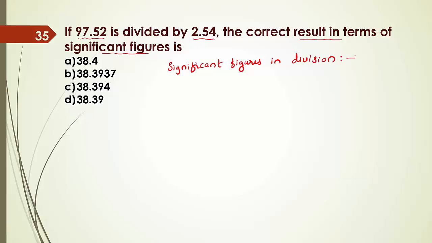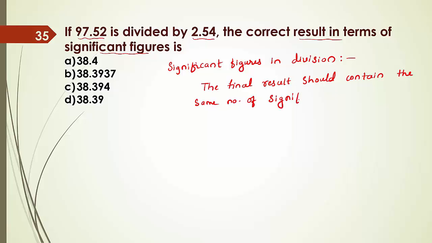According to significant figures in division, the final result should contain the same number of significant figures as the number with the least significant figure.